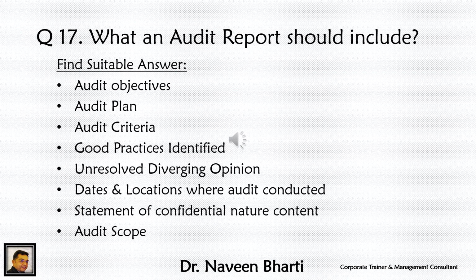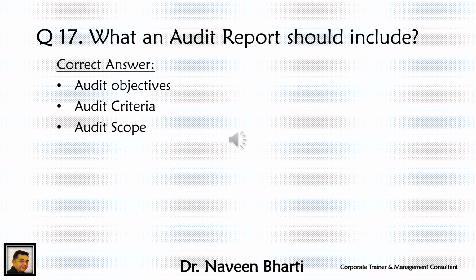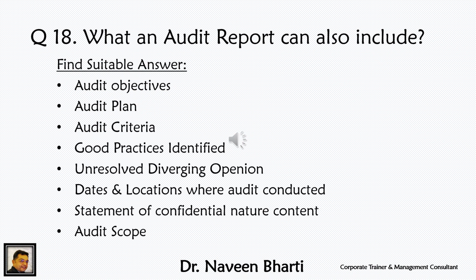What an audit report should include? Check the options below. An audit report should include the audit objectives, the audit criteria, and the audit scope out of the options given. Here you need to understand the language of the guideline standard also. And the question is that what an audit report can also include.